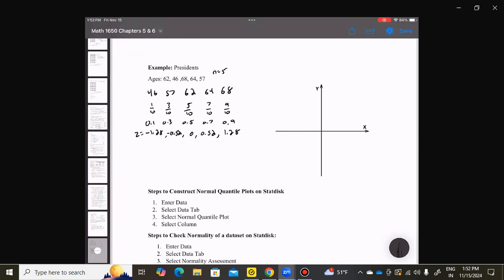So I'm going to make 3 lines here: negative 0.5, negative 1, negative 1.5, and 3 lines on top: 1.5, 1, 0.5. And then with our presidents' ages, we're plotting from 46 to 68. So we'll count this by tens: 10, 20, 30, 40, 50, 60, 70.